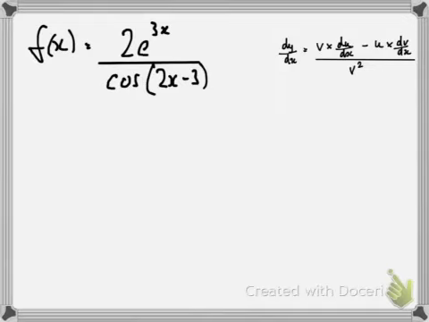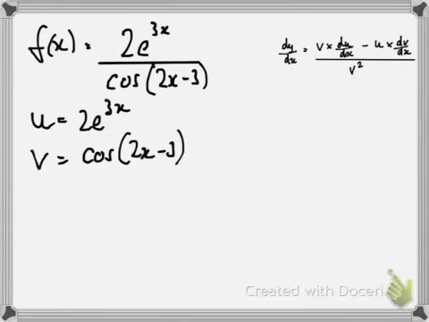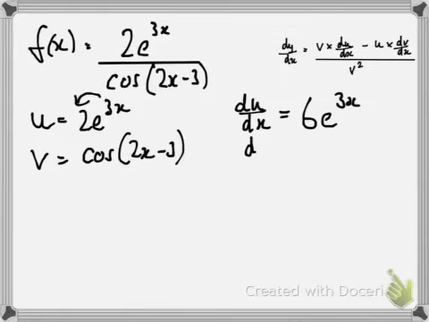Alright, so u is 2e to the power of 3x. v is cosine 2x minus 3. So du dx equals, remember the derivative of 3x comes out the front, which is 3, and gets multiplied by the 2 to give 6, e to the power of 3x, the index doesn't change. dv dx: the derivative of cos is negative sine.